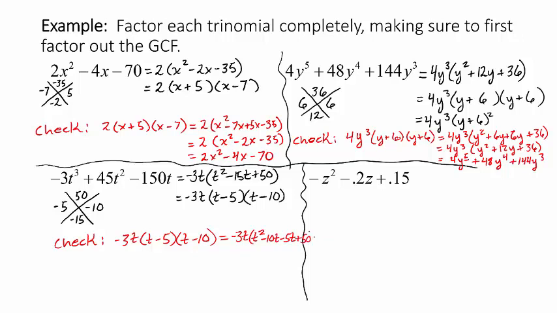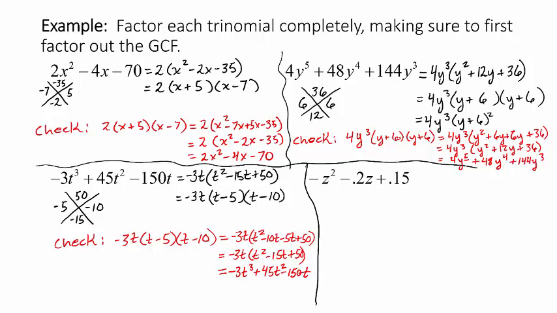So we have negative 3t times the quantity t squared minus 15t plus 50. Negative 3t times t squared is negative 3t cubed. Negative 3t times negative 15t is positive 45t squared. And negative 3t times 50 is minus 150t.